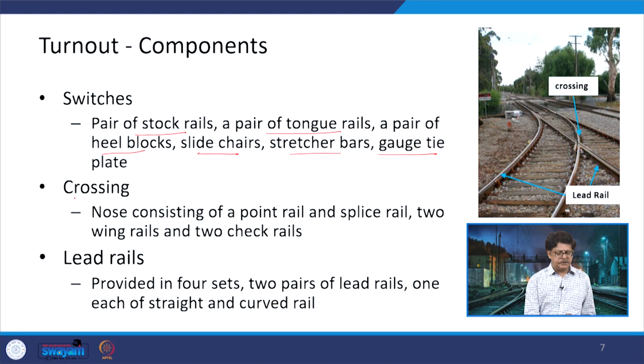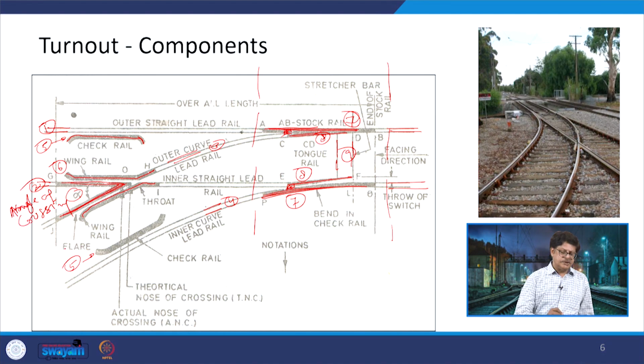The other important thing is the crossing. Now, the nose, which consists of a point rail and a splice rail, and 2 wing rails and 2 check rails, that is a crossing. So, here if again we see, this is a crossing area. A V notch has got created here.